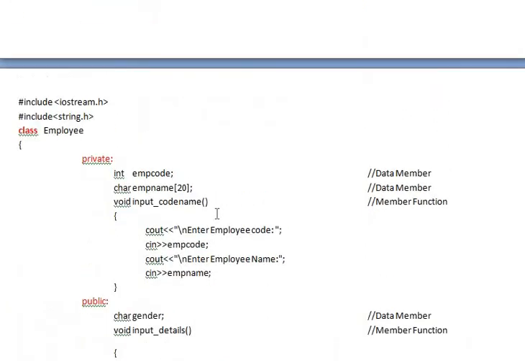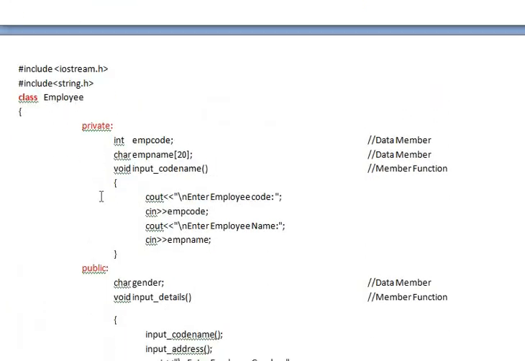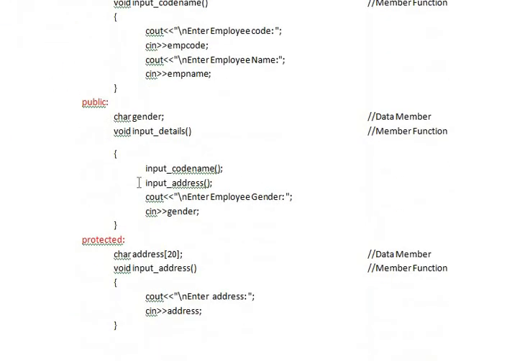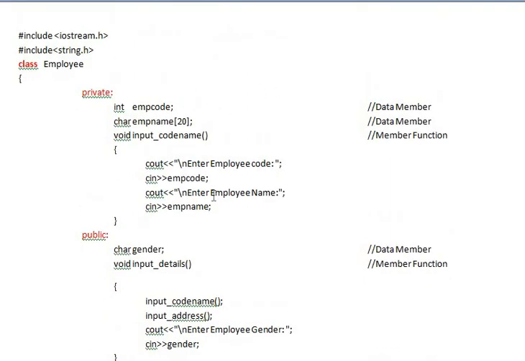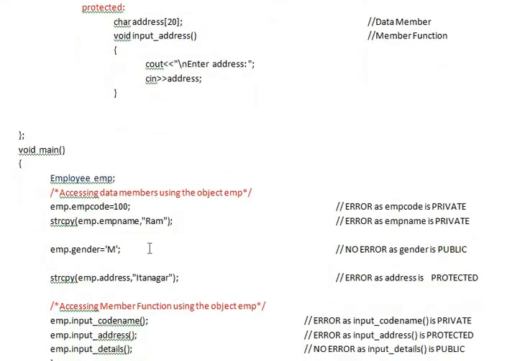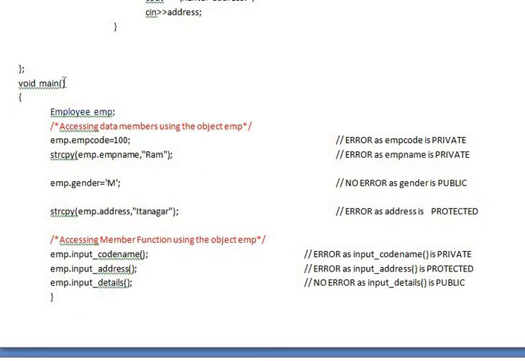So to sum it up again, this is the class called employee with private, public and protected access specifiers having these data members and member functions. The function main is the point of inception of the program, so program execution always starts from the main function. At first it tries to create an object bearing the name EMP.